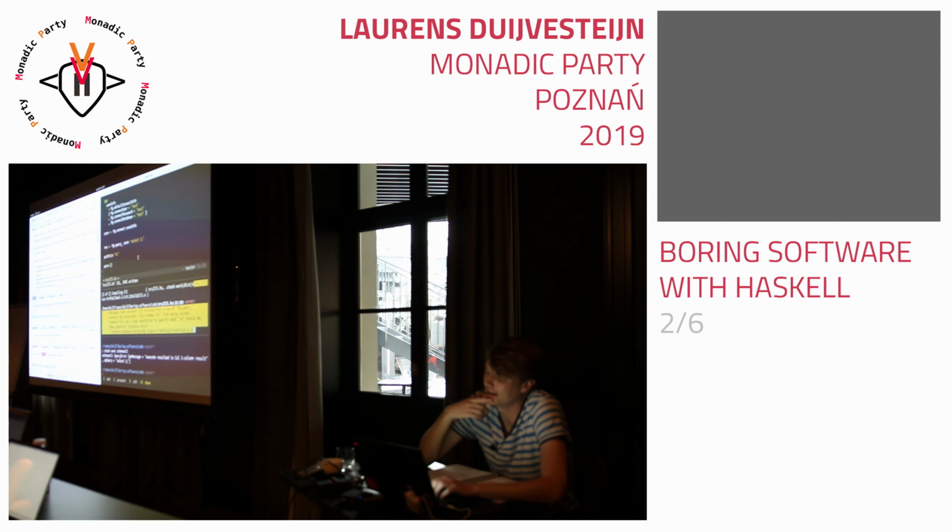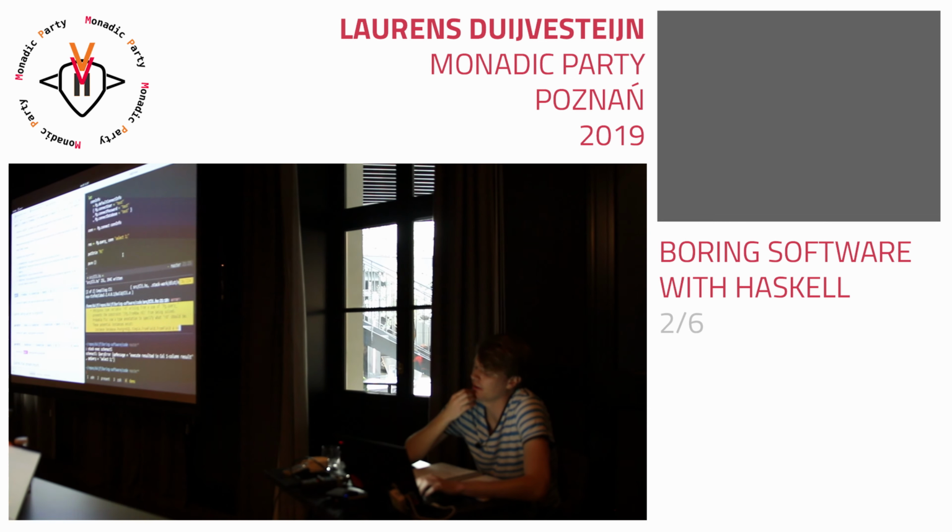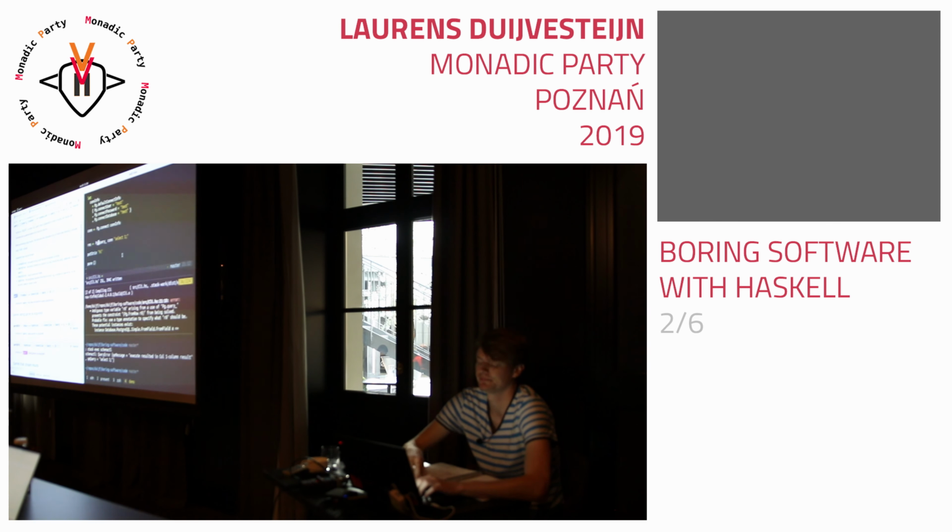In this case, if we look at this error message, we'll see the compiler is telling us something about ambiguous type variables. That sounds kind of scary, but if you think about it, going back to this function definition, the only thing it means is there's an R here, and the R is polymorphic.